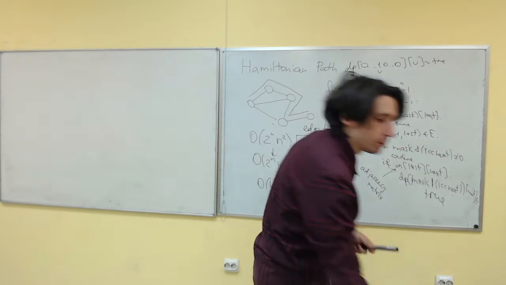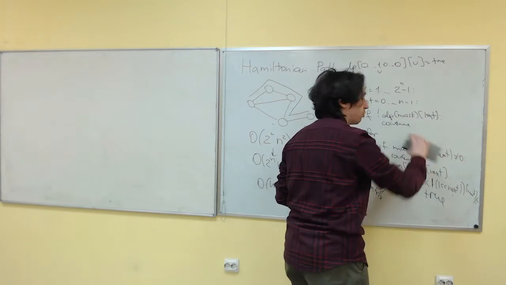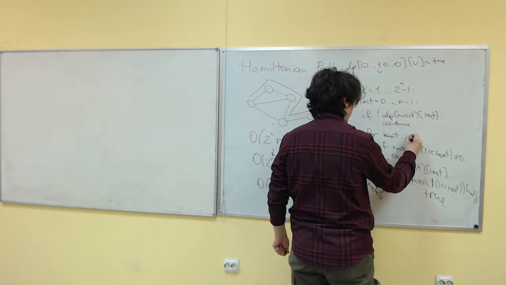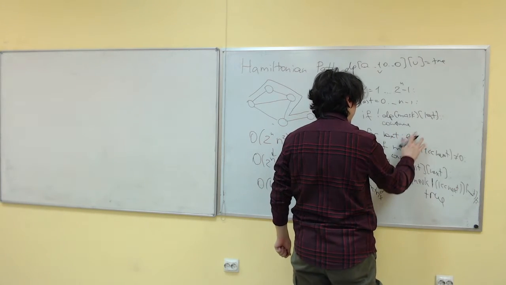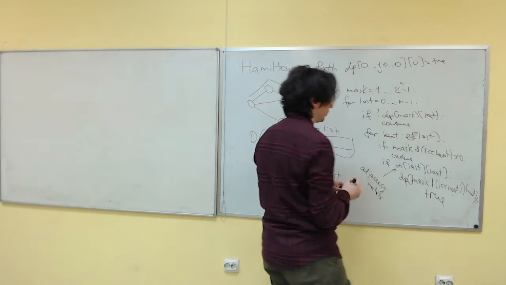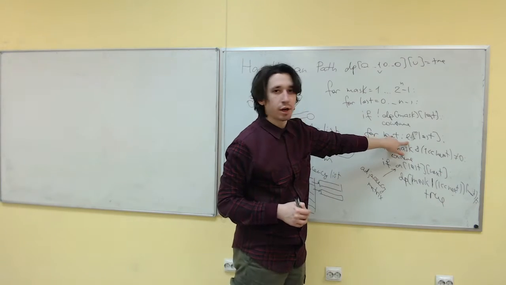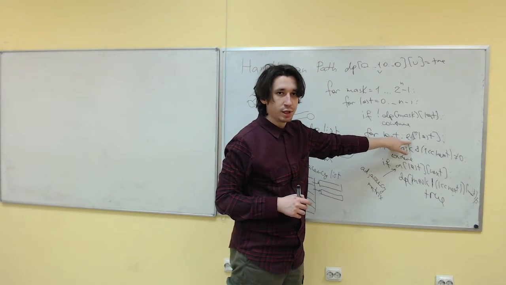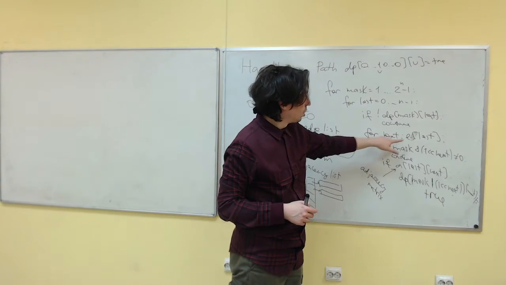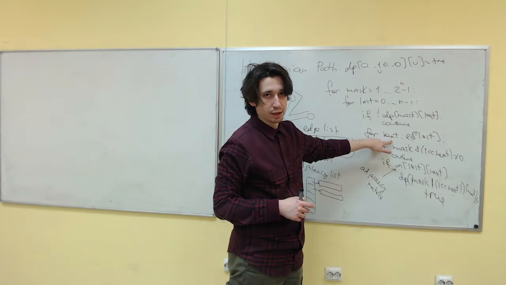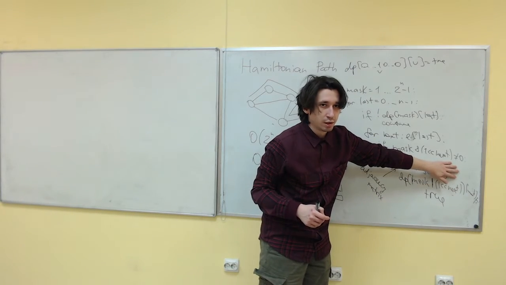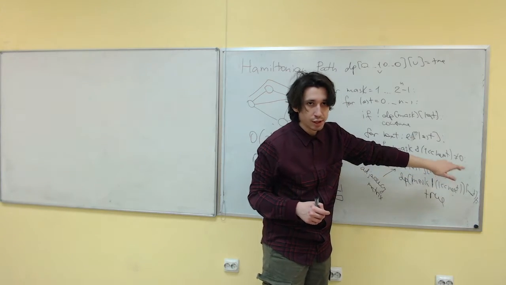So by that you can do for next in edge[last]. We iterate through the list of neighbors from the adjacency list, and you iterate over all nexts, and of course you should remove this check because you already know that there is an edge.